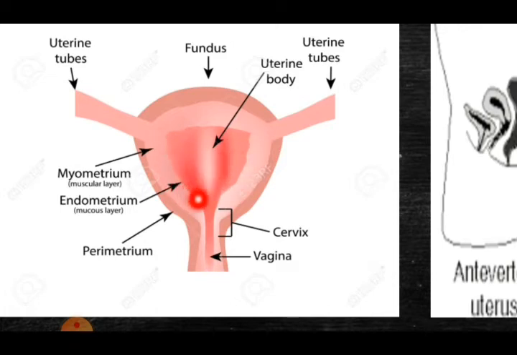This is also part of the uterus, and the cervix has two openings: an internal os and an external os. The internal os is the cervical opening into the uterine body, and the external os is the cervical opening into the vagina. That will make the proximal end of the vagina.